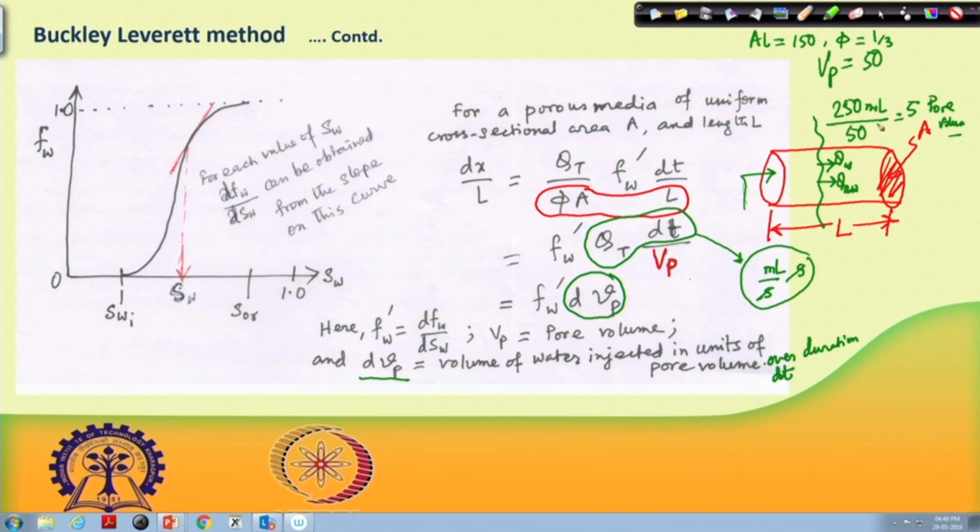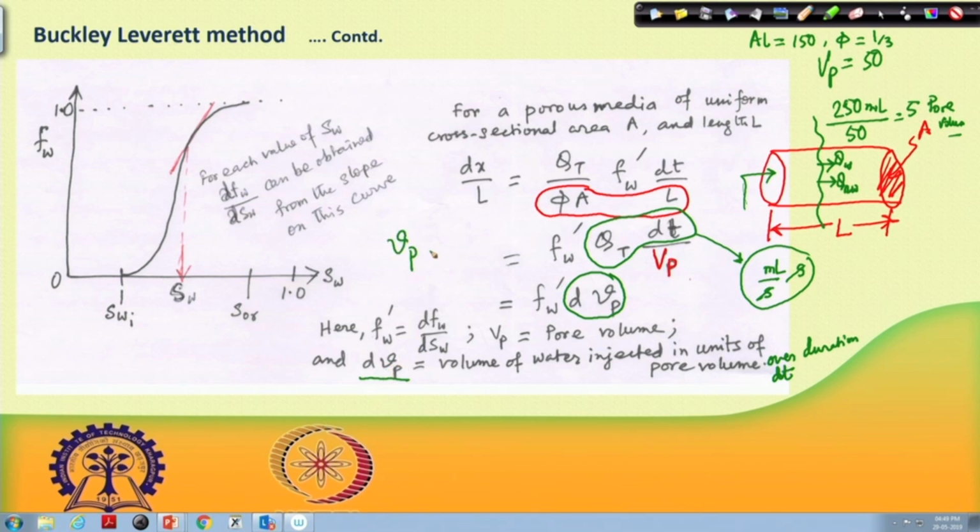This 5 is the same as dVp. When we do the integration over dVp, from time 0 to some finite time t, this becomes Vp, but that Vp would always be small Vp.